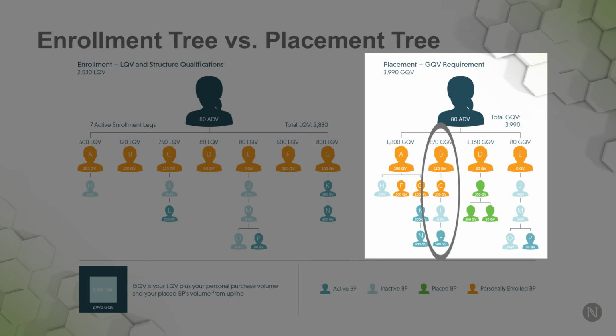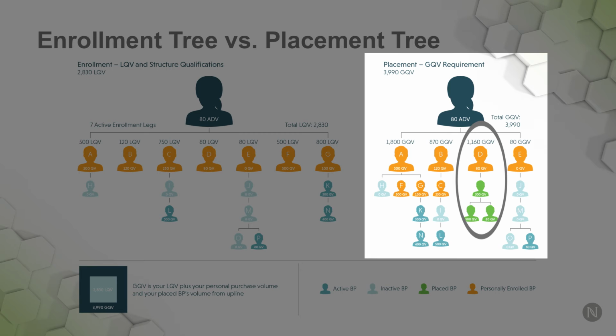And what does C bring with them? C brings I and L because C enrolled I, who enrolled L. The third level, now this is the third brand partner, D. I personally sponsored D. My upline, let's say, here's an example. Let's say D lives in Michigan, and my upline has a group they started in Michigan, and they want to place them under me.